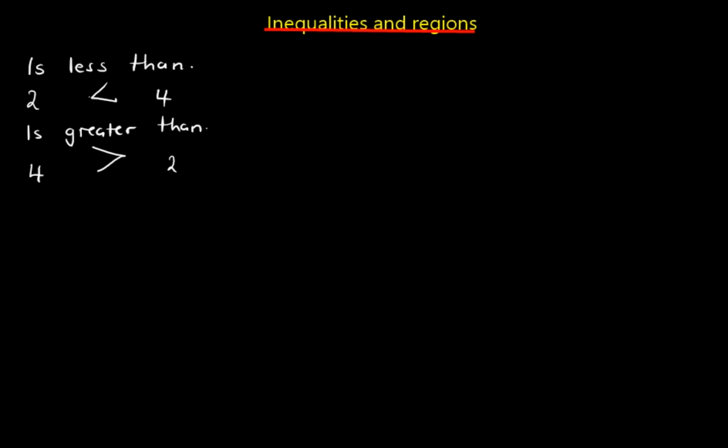The tip of the inequality symbol faces the smaller value, and the opening of the inequality always faces the bigger value. We have other inequality symbols, for example, less than or equal to, greater than or equal to, and not equal to.